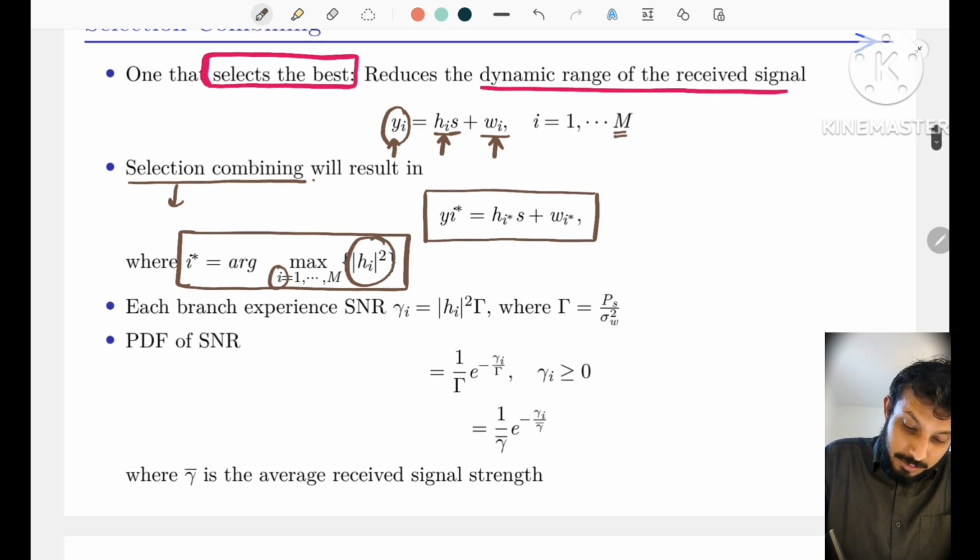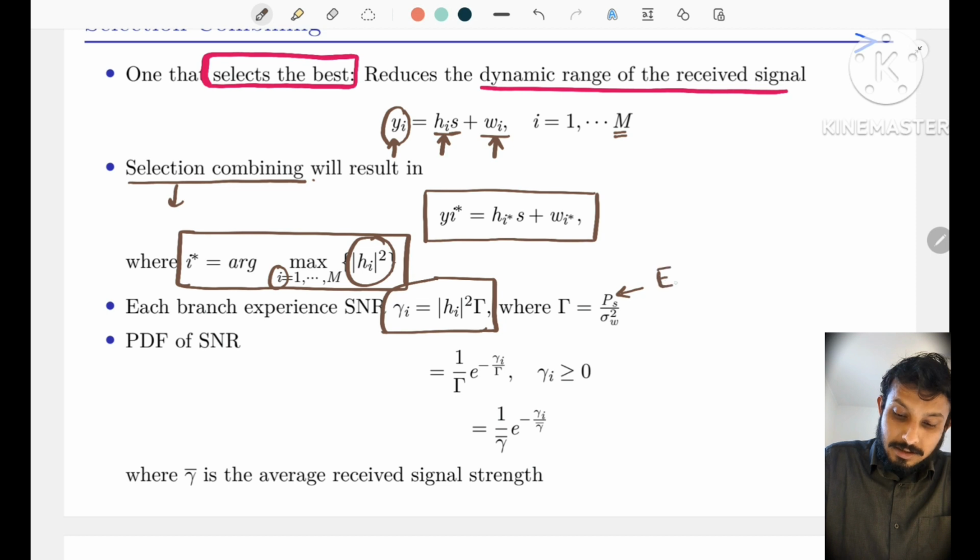And also each branch will have its corresponding SNR, which is given by |h_i|^2 gamma, where gamma is P_s by sigma_w^2, where P_s is the power corresponding to the signal, and sigma_w^2 is the power corresponding to the noise.